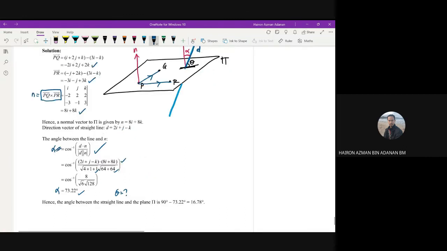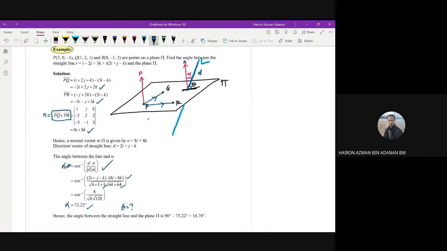Theta tu apa? Sudut line dengan plane. So apa I buat? Sudut ni mestilah 90 degree kan? So 90 you tolakkan dengan sudut alfa yang kamu dapat tu, then you will get 16.78. Ini baru sudut between line dengan plane. Okay?